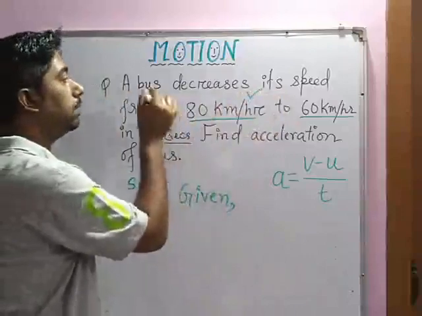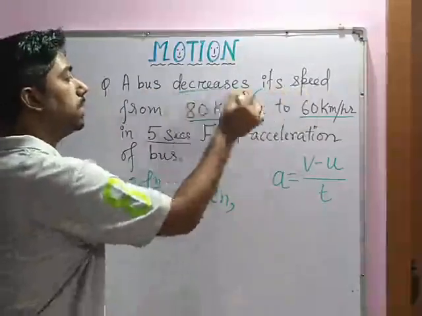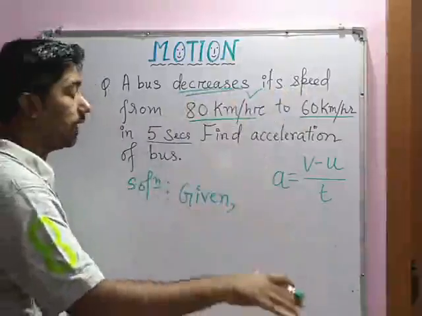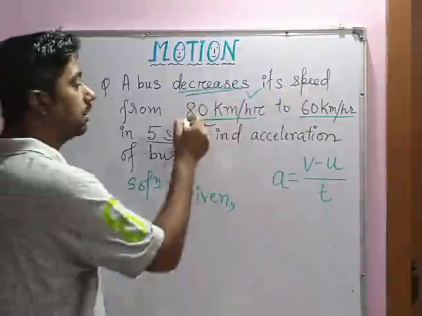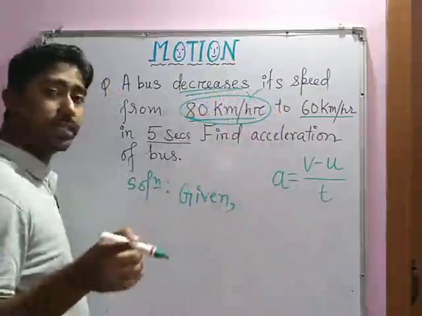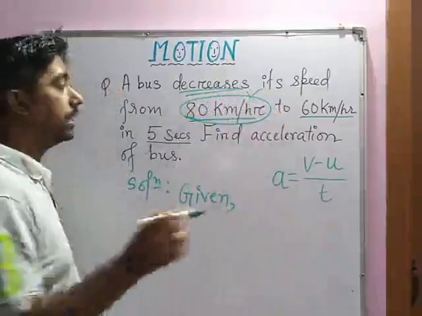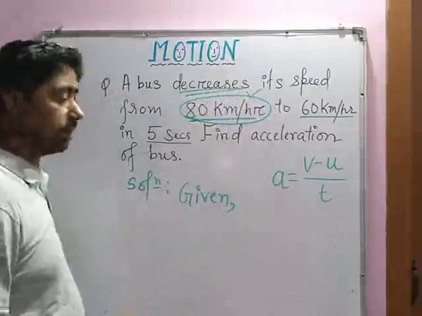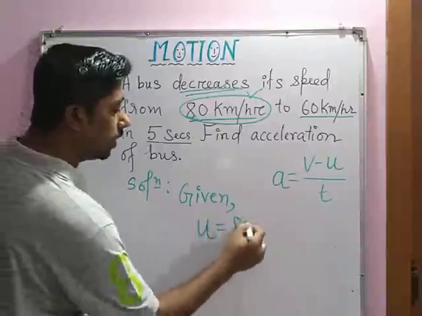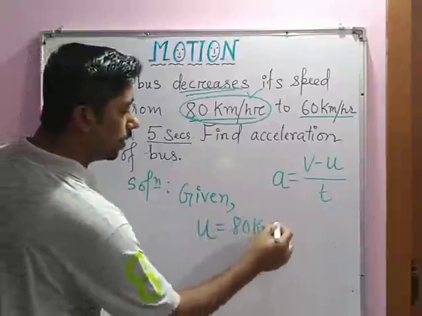You see that the bus decreases its speed. Decreases means its value of speed becomes less. So initially its velocity was 80 km per hour. That means this is your initial velocity. So you will write U is equal to 80 km per hour.